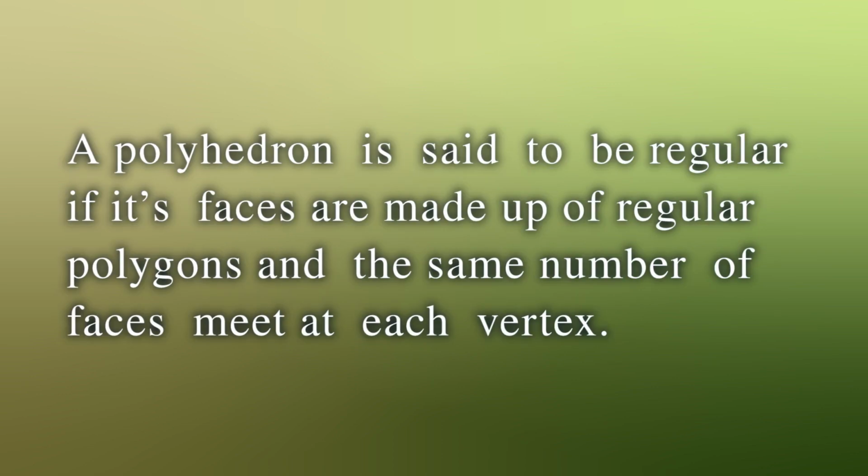Now, let us see what are regular polyhedrons. A polyhedron is said to be regular if its faces are made up of regular polygons and the same number of faces meet at each vertex. For example, a cube, all of whose faces are squares and the same number of faces, that is 3 faces, meet at each vertex.